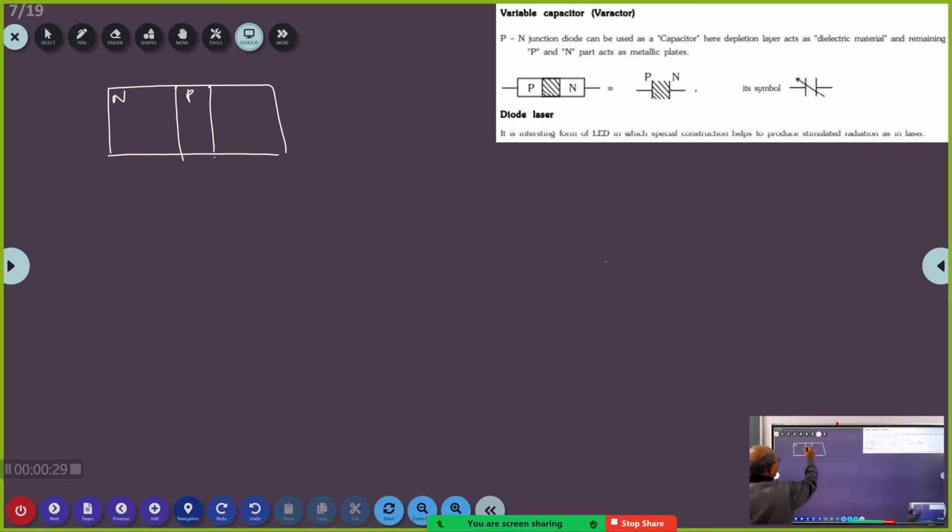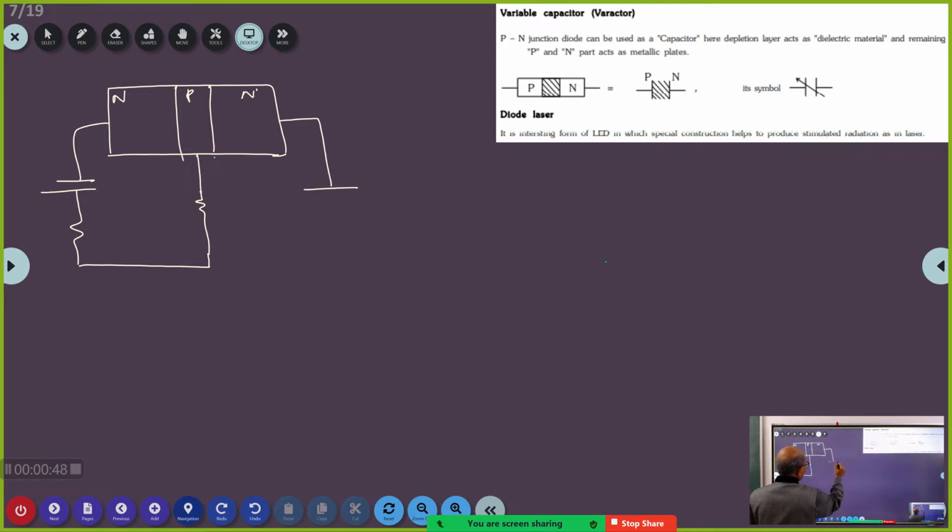So we had taken N, P, N, and we had forward biased this junction by connecting a resistor here, and if necessary, one more resistor here, and then we had reverse biased this junction by connecting this and this, like this.